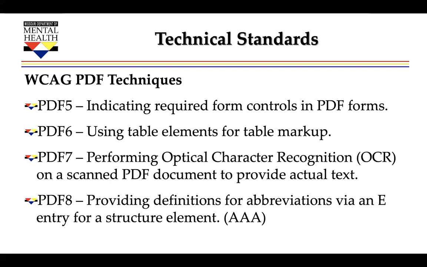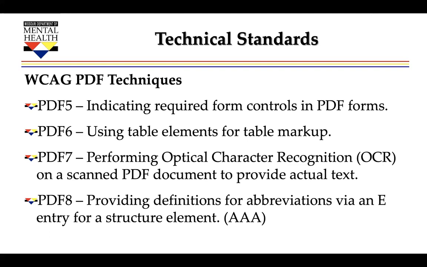Then technique 6, using table elements for table markup. Tables is another really big issue. Tables need to be used for presenting table content and not for visual layout. When tables are used, the sighted users can easily look at a cell and trace the row or column to the row headers or column headers.